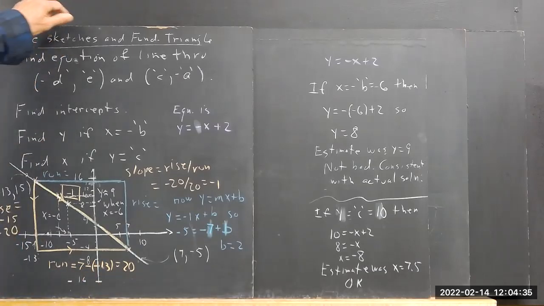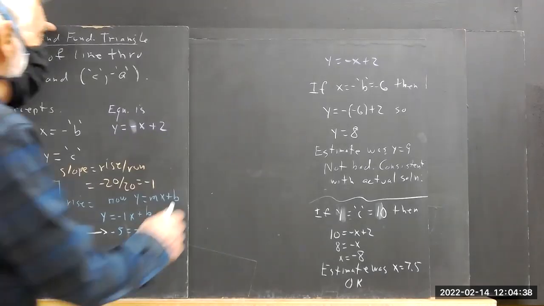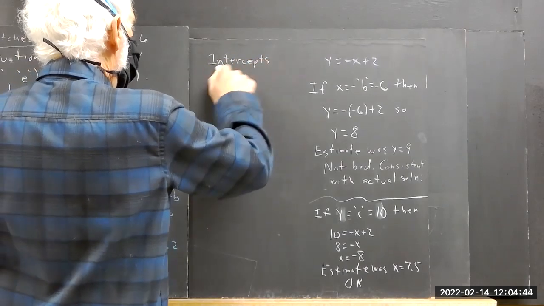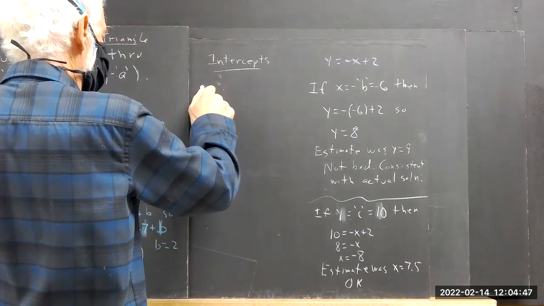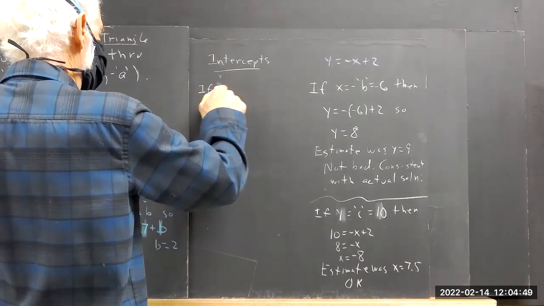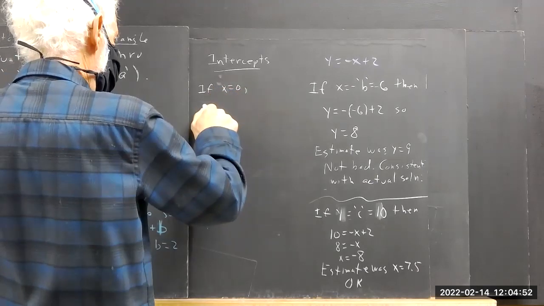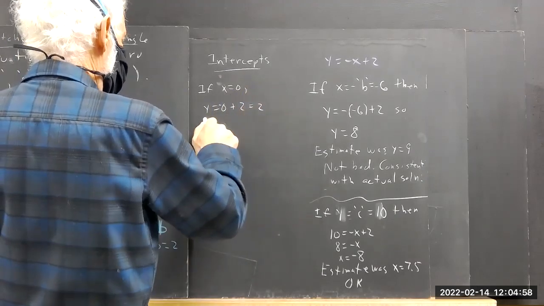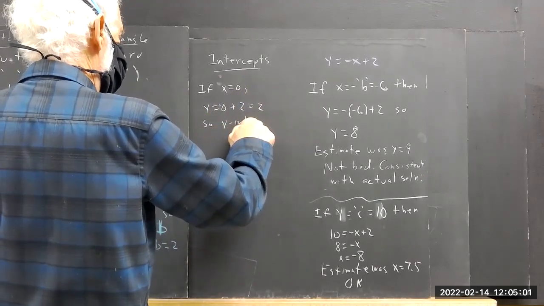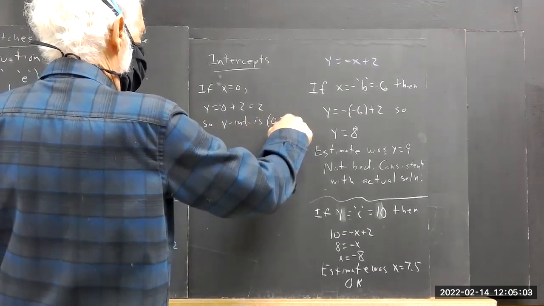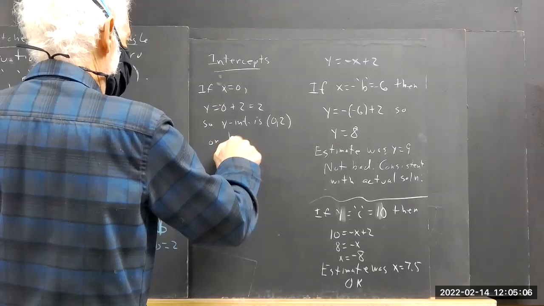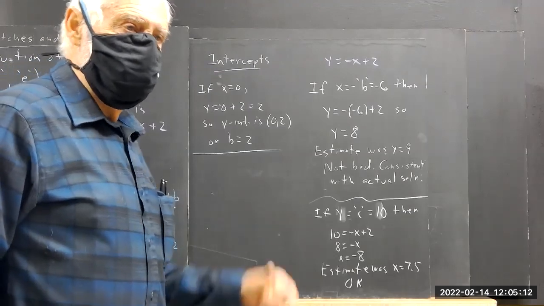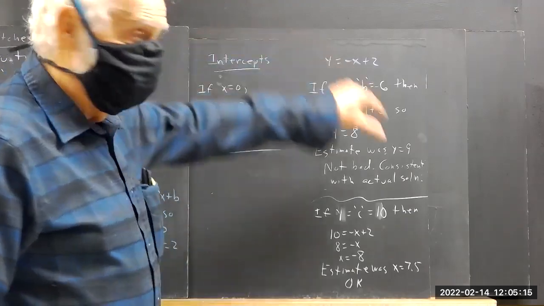Find the intersection. It would just read off of what.